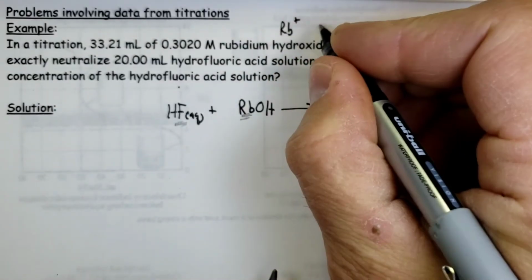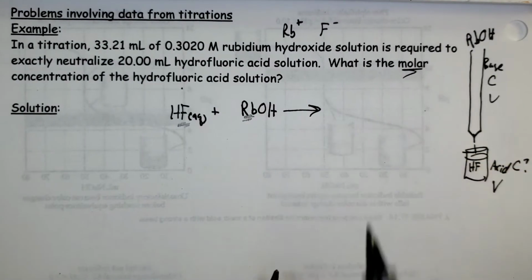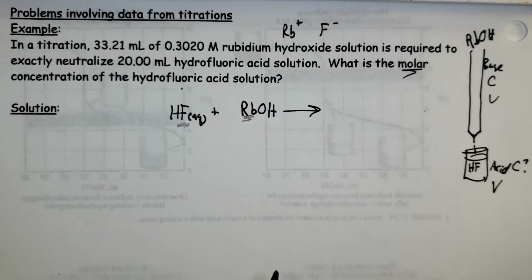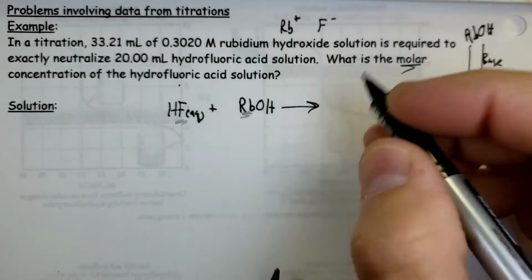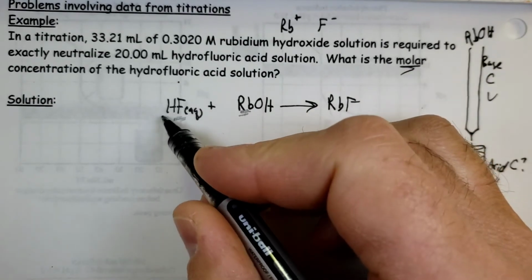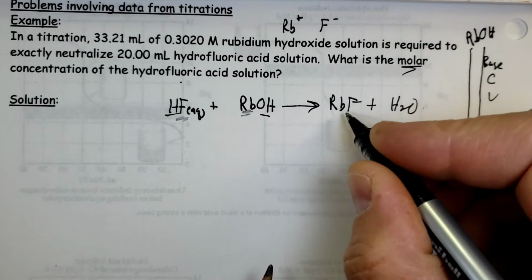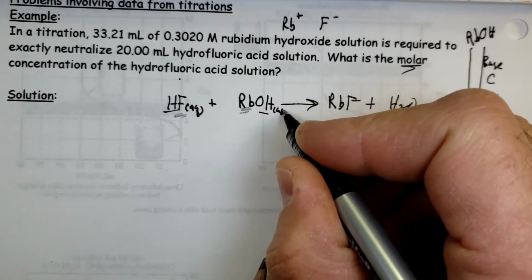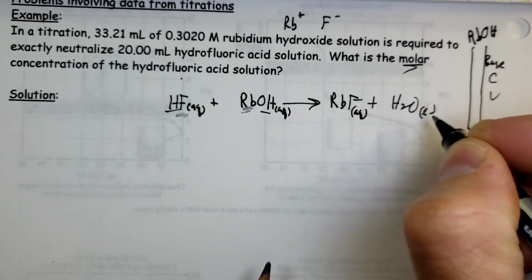Rubidium is +1, fluoride's -1, so as we can see, it comes together easily. So it's 1 to 1, rubidium and fluoride, so RbF, and of course H and OH makes water. So aqueous, aqueous.